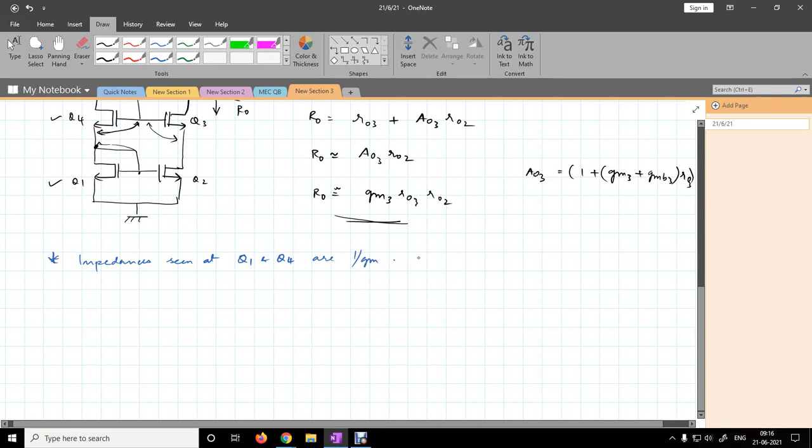So voltages across them would be small, making gate voltages of Q2 and Q3 grounded. Okay, they are not exactly grounded, they appear to be grounded.